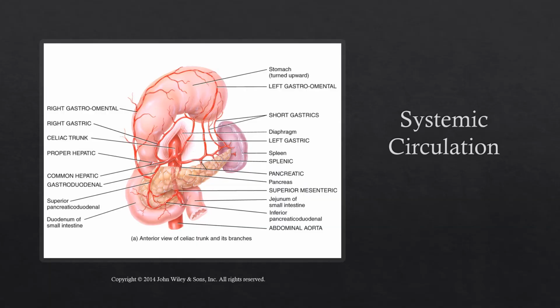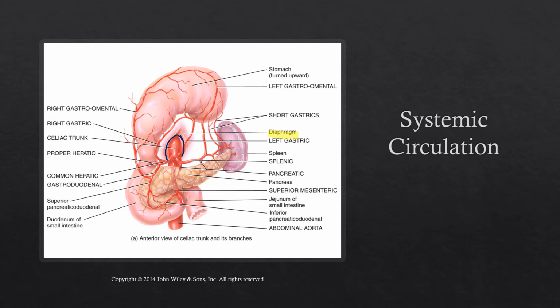So in this diagram, we can see the abdominal aorta here. We have the diaphragm and the aortic hiatus right here, where the abdominal aorta is coming through.